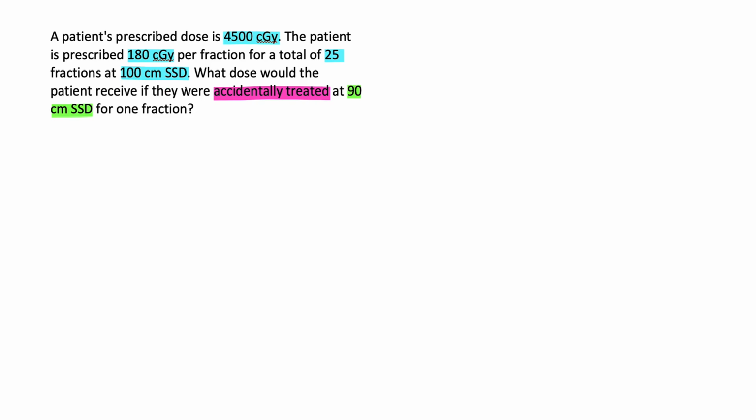Whenever we are discussing dose and distance, we need to think about using the inverse square formula. On the other hand, if it was a field size and a distance, it would be a direct proportion. In this case, because we're trying to determine what a new dose would be based on distance, we need to know the inverse square law.